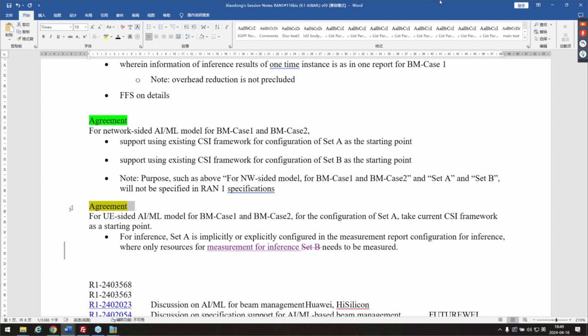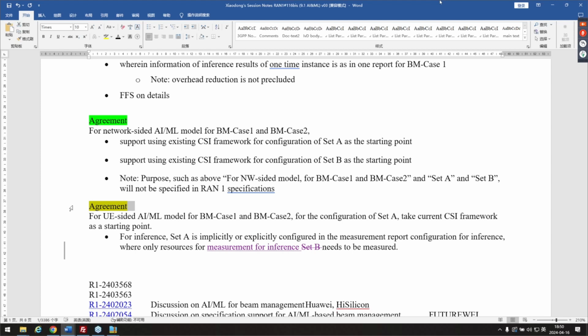That will be discussed when we discuss the association. But this is just to remind people that we may not need to configure set A in the report for set B. If that is the purpose, I understand, but I still think we don't have to say this kind of sentence here. Of course, we can discuss it somewhere else. Okay.